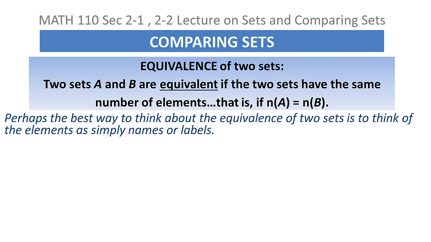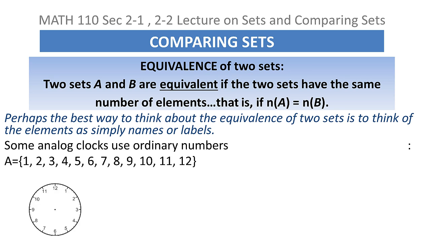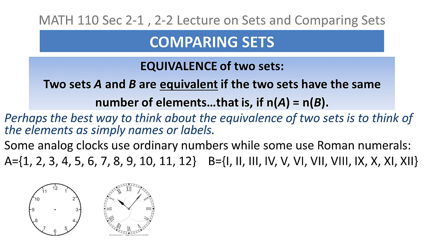I think maybe the best way to think about the equivalence of 2 sets is just think of the elements as names or labels, and I like to use an old analog clock analogy. Some analog clocks just have ordinary Arabic numerals 1 through 12 as labels, but some have Roman numerals as labels. But they mean the same thing.